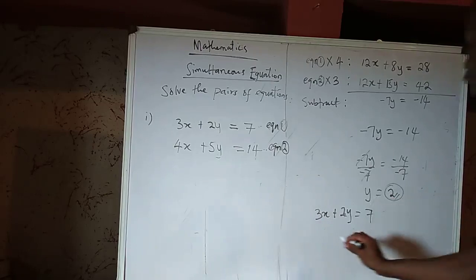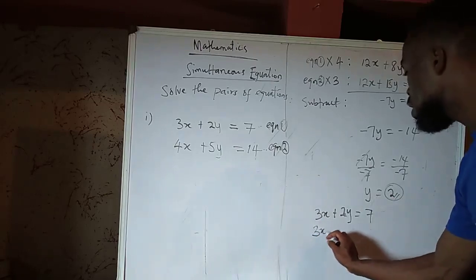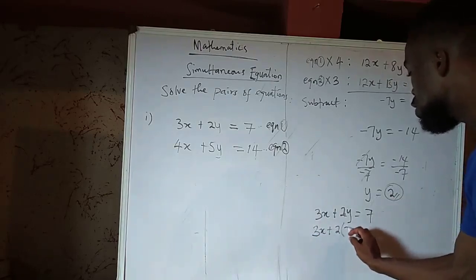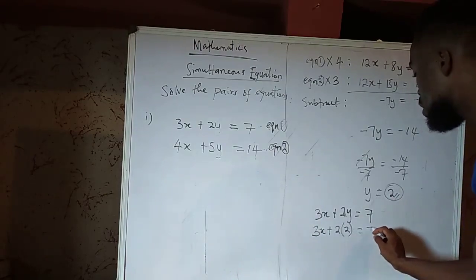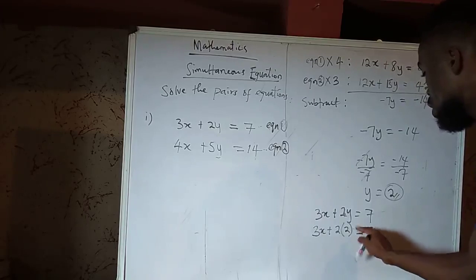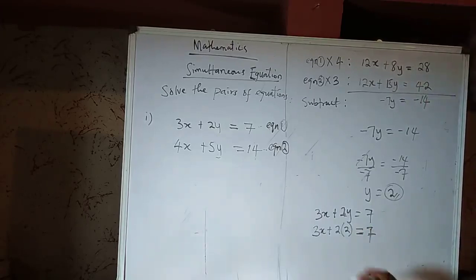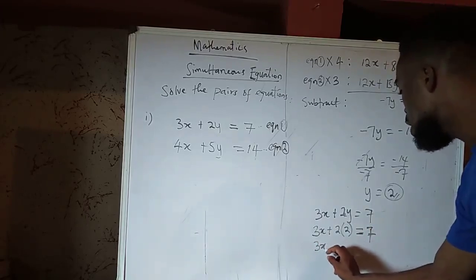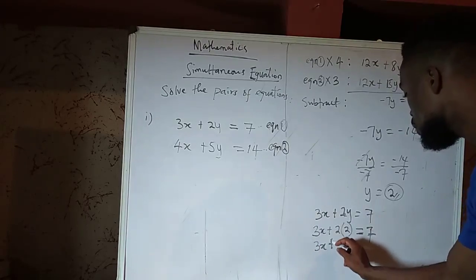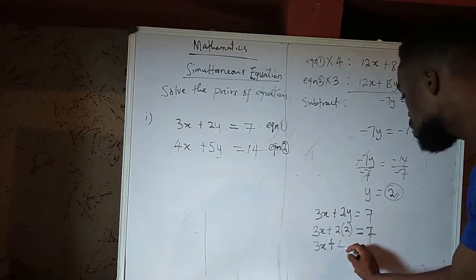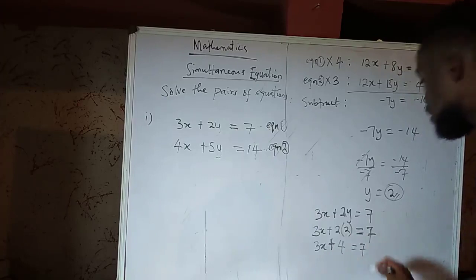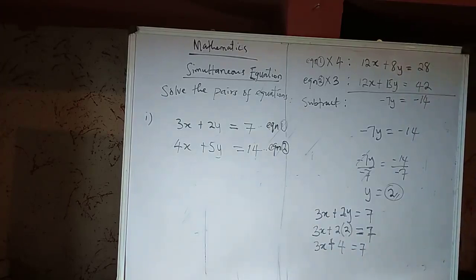So if y is 2, we are going to have 3x plus 2 times 2 equals 7. So that means I'm going to get 3x plus 4 equals 7, because 2 times 2 is 4.